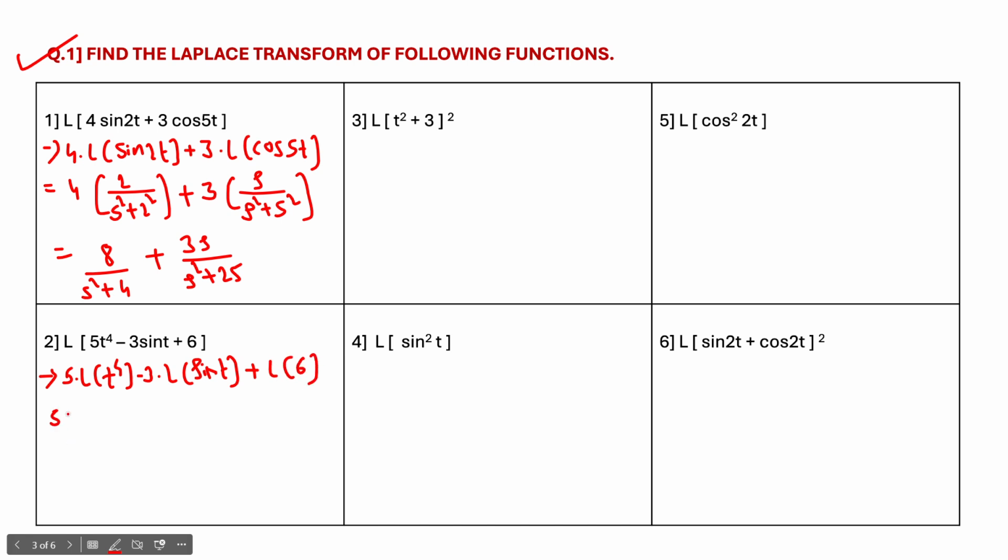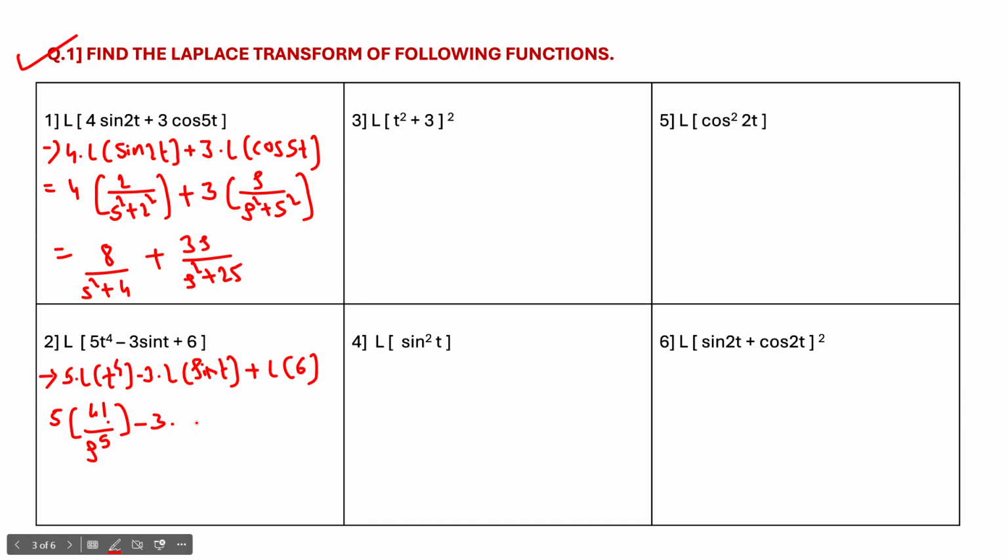So now 5 in bracket Laplace of t raised to 4, formula number 8, t raised to n, okay. So here n is a positive integer, so what I am doing, n factorial means 4 factorial upon s raised to 4 plus 1, that is 5, okay, minus 3 Laplace of sine t.